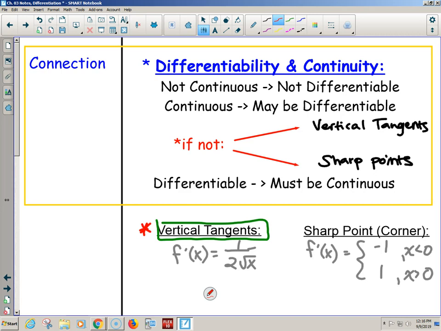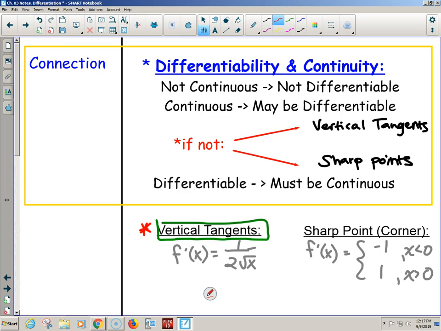First of all, a function might not be differentiable if the function isn't even continuous. If there's a discontinuity, automatically the function's derivative won't exist. So that's one thing. But then there are two other ways that the function might not be differentiable at a point. There are two different cases that could occur.